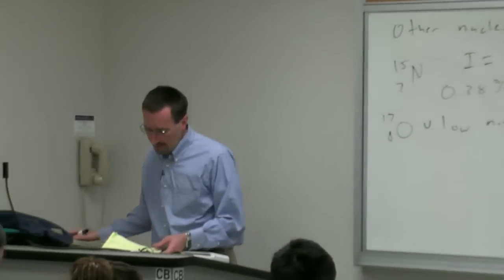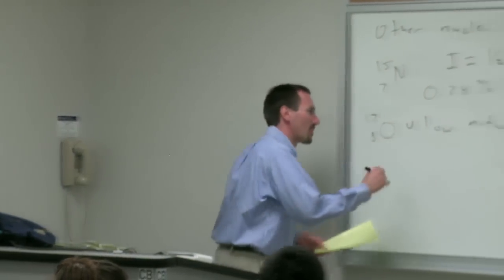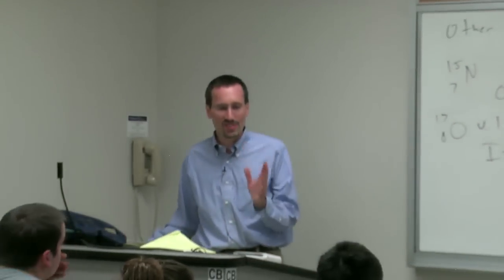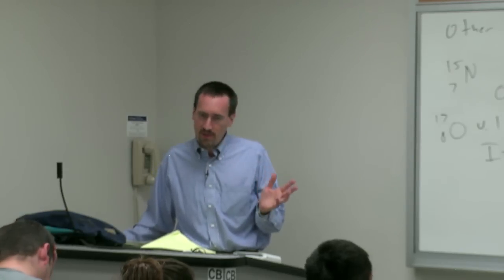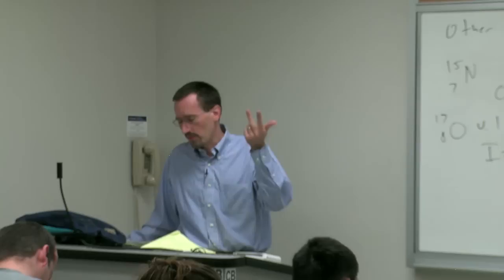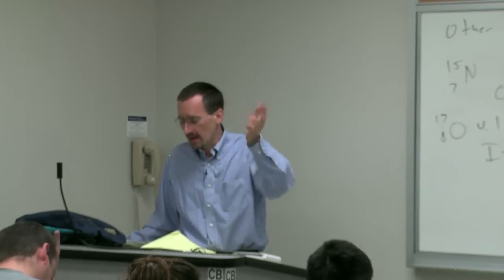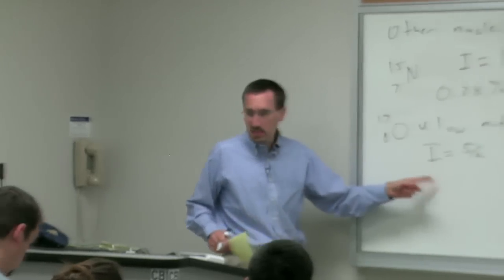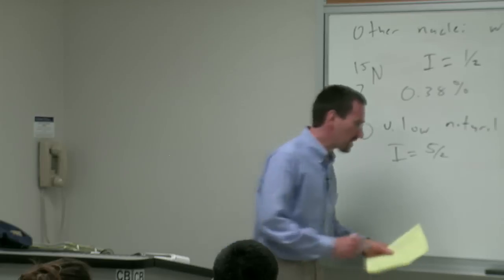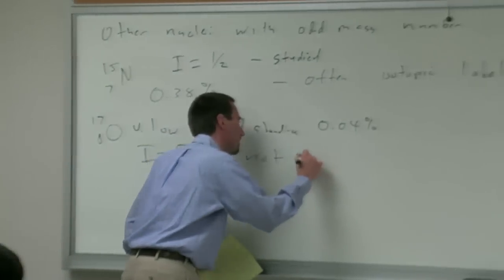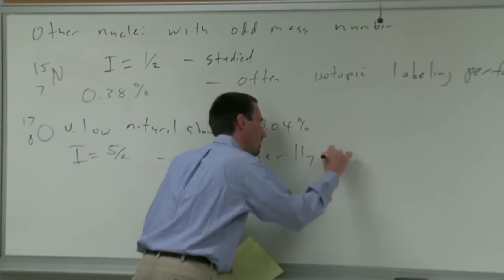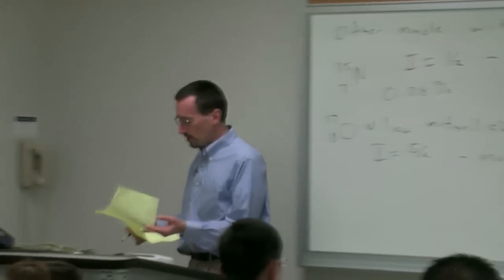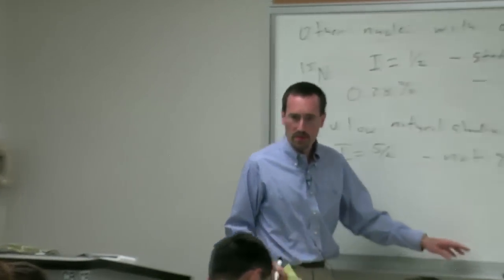And oxygen 17 has a spin number of I equal to 5/2, so that's a nucleus that can have 6 spin states: -5/2, -3/2, -1/2, +1/2, +3/2, +5/2. And so it's sort of doubly damned, and so it's not generally studied. All right, so that takes care of our nuclei with odd mass numbers.